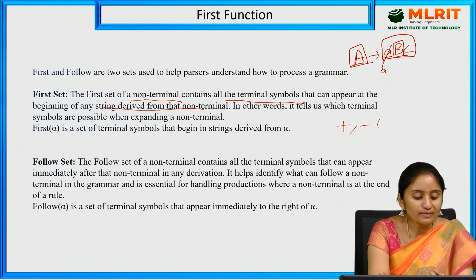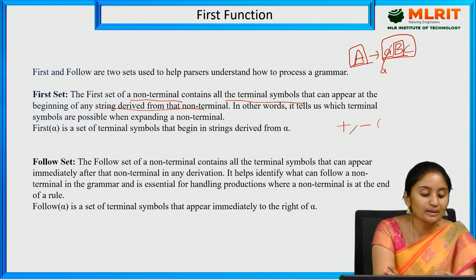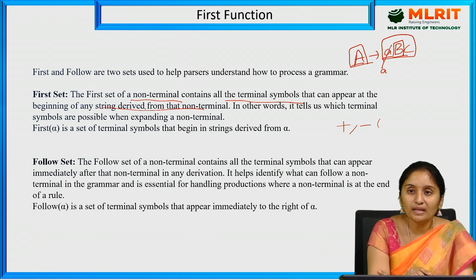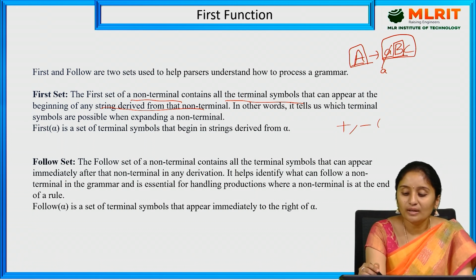Here, the First set of a non-terminal contains all the terminal symbols that appear at the beginning of the string derived from the non-terminal. See here, A is a non-terminal and A tends to ABC is my production in the grammar. Here exactly on the right side a string is appearing.